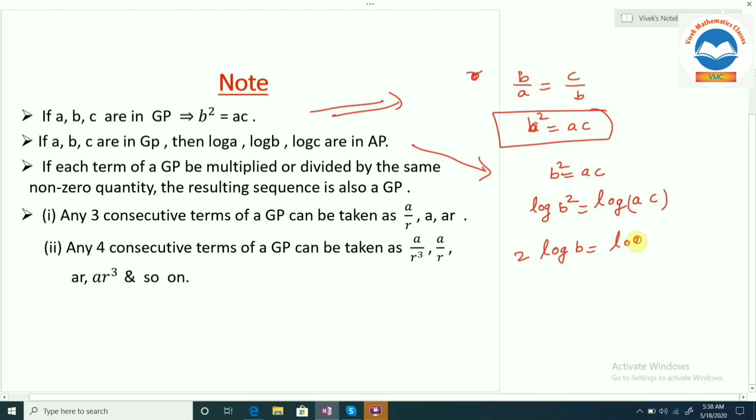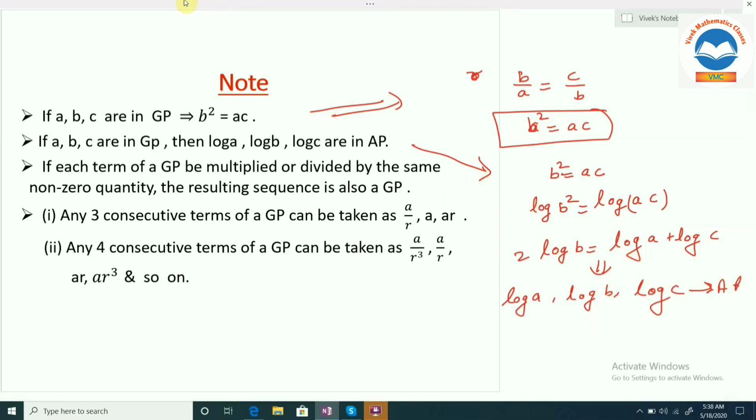So this will become log a plus log c. What we are getting? 2 times of some number equal to sum of other two numbers. What is the AP condition? 2 times the middle term should be equal to the sum of exterior terms. So we can say that log a, log b and log c will be in AP.